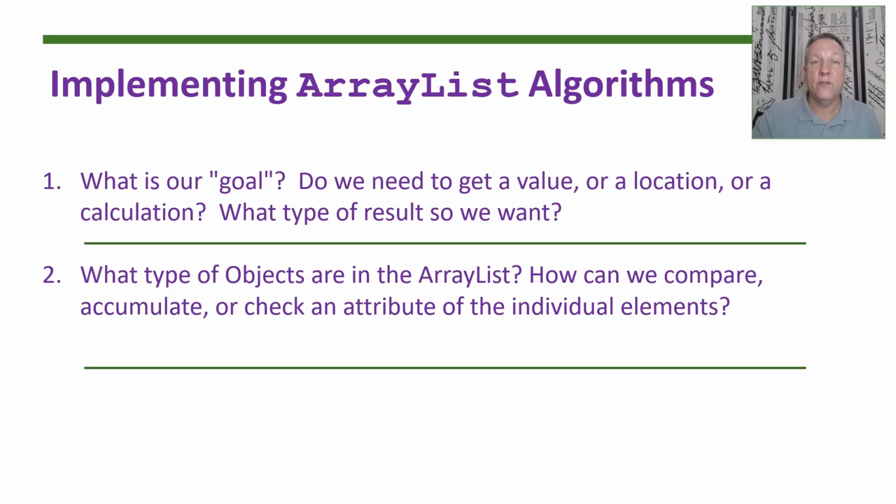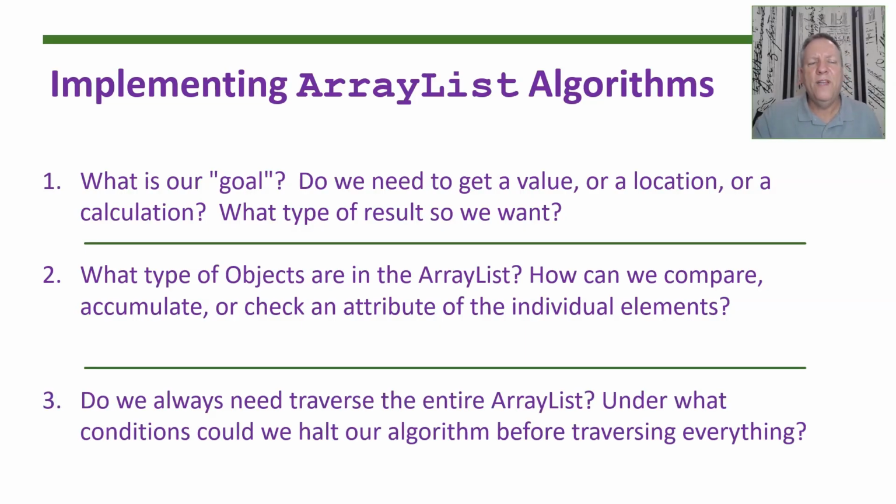What type of objects are in the array list? Can we compare them, accumulate them, check an attribute of whatever those elements are? And then finally, do we need to traverse the entire array list? And this is going to come up in some of these algorithms here. Might there be a condition where we could just halt our algorithm early before traversing the entire array list? All right, let's get started.